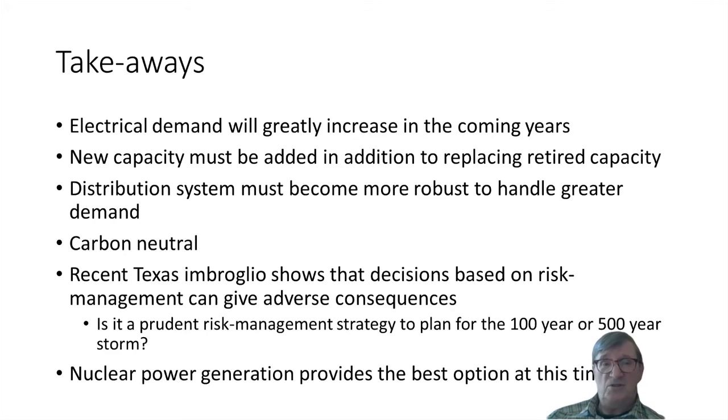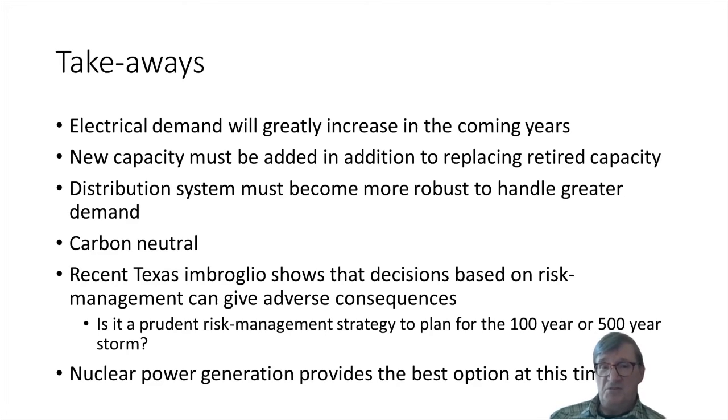We certainly want a carbon neutral energy system. And the Texas imbroglio showed that decisions based on risk management can have adverse effects, because basically you're throwing the dice and saying, oh, this isn't going to happen, so I don't have to protect against it.